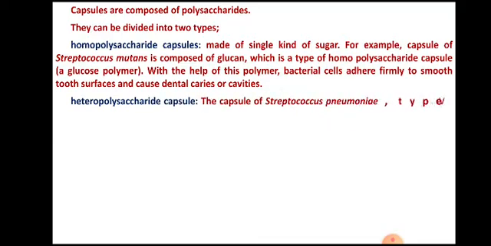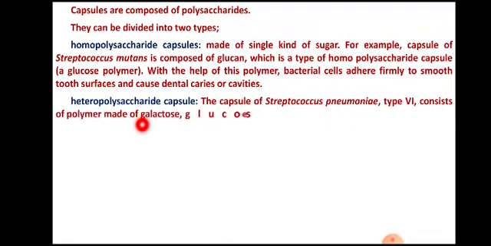Another type of capsular material, opposite to that, is heteropolysaccharide. Hetero means more than one type. This type of capsule is present in Streptococcus pneumoniae, which is also a pathogen like Streptococcus mutans.